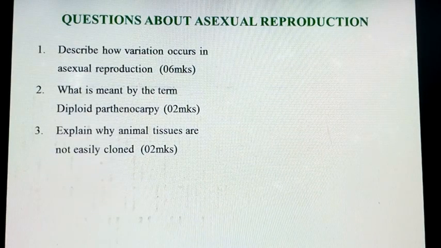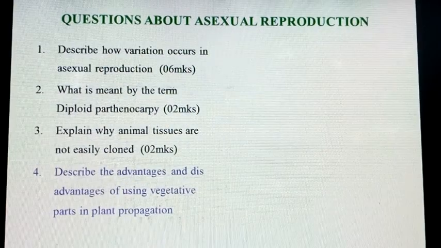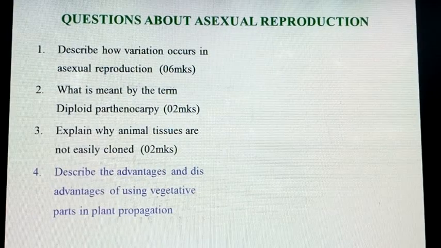We have some sample questions for the learners who have attended this class. I will request you to describe how variation occurs in asexual reproduction, what is meant by diploid parthenocarpy, and explain why animal tissues are not easily cloned. The fourth question, I've tried to solve it.